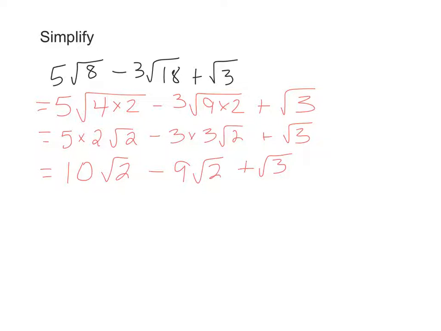You may or may not write these intermediate steps, and it doesn't really matter to me whether you do or not, as long as you have what it simplifies to. And then combine like terms, so 10 root 2 minus 9 root 2 is just root 2. And the root 3, again, has to just stay on its own because it doesn't have anything to combine with.